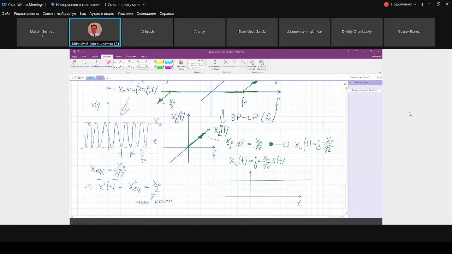This is just an excerpt. Then we write here x naught divided by square root of 2. And here we write x_L2 prime of t. It's just the imaginary part of the time domain signal. This is our notation: 2 prime means imaginary part. So what I've shown here is the imaginary part. So it's a constant. And you can see this is basically the envelope of this bandpass signal.